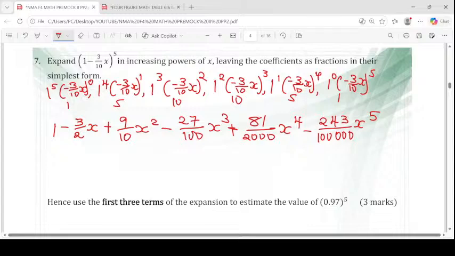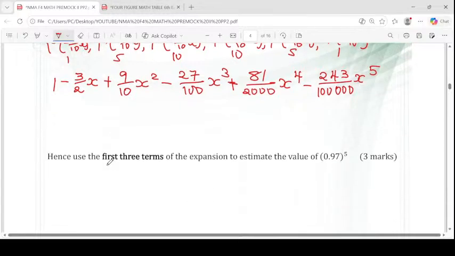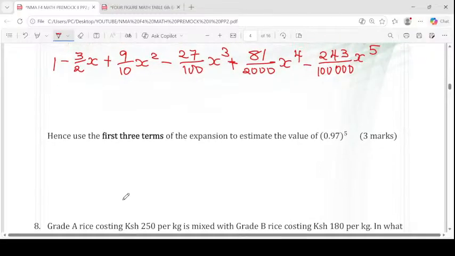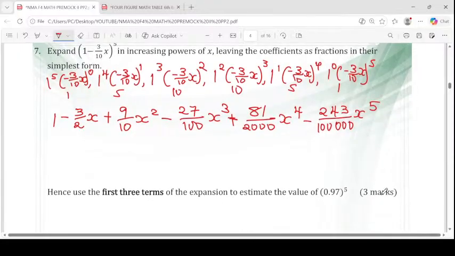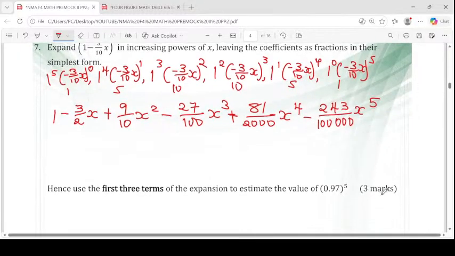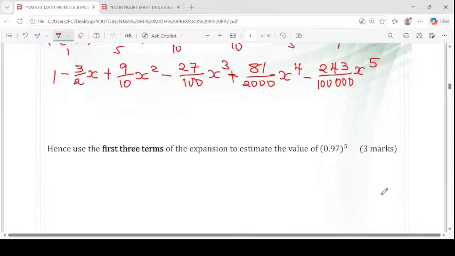Now we can see the next question. Hence, use the first three terms of the expansion to estimate the value of 0.97 power 5. The first thing we are going to do, we are going to equate these two. So 1 minus 3 over 10x should be equal to 0.97.